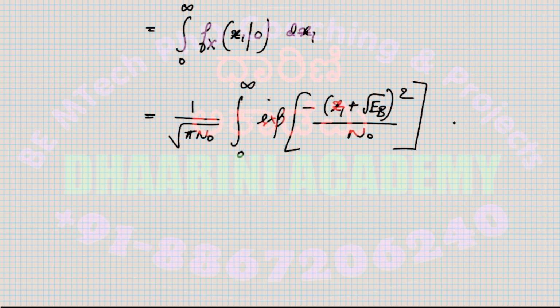into dx1. The standard method to do the integration is to put u equal to (x plus root Eb) divided by root of n naught. You know the reason why we are taking root n naught, because the whole thing becomes a square.